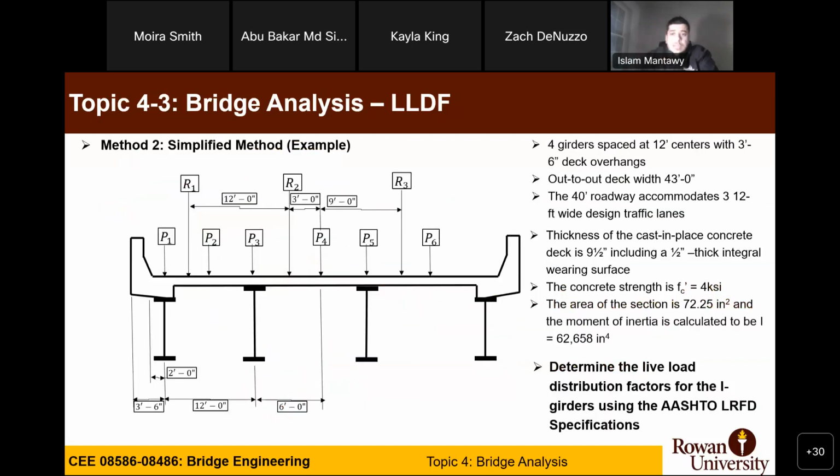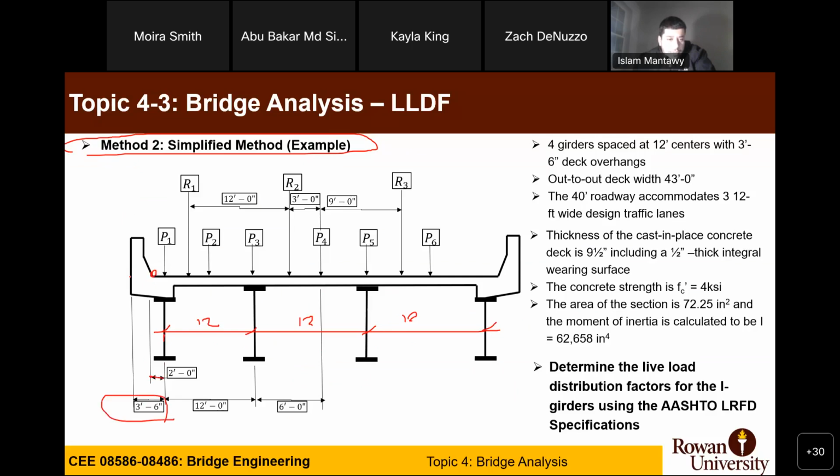Now we need to do an example on the simplified method. So I need more interaction from you. So we solve it together, okay? So this is a girder. The spacing between the 4 girders is 12 feet, okay? It's not exactly to scale, so pardon me. You have the edge of the barrier here at 2 feet from the center of the exterior girder.